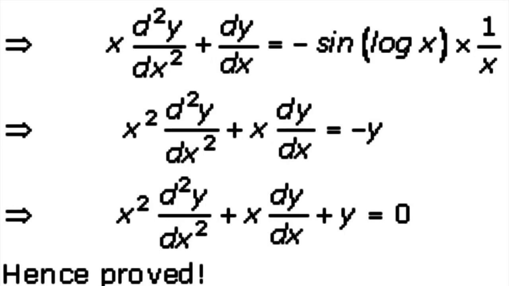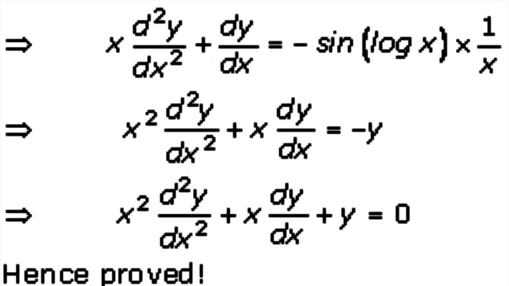So, we will get x into the derivative of dy upon dx, which is d square y upon dx square, plus dy upon dx into the derivative of x, which is 1, equals to the derivative of cos of log x, which is minus of sine of log x into the derivative of log of x, which is 1 upon x.